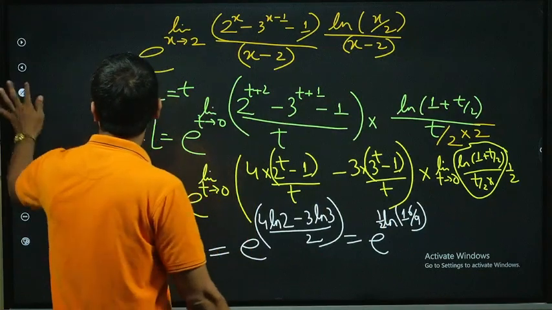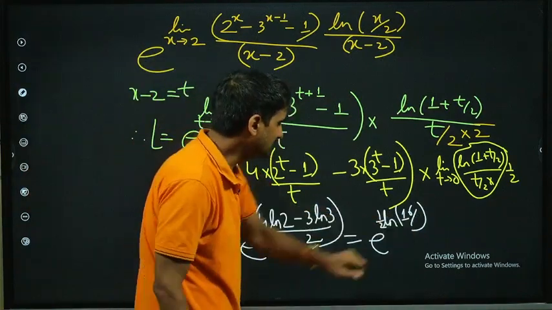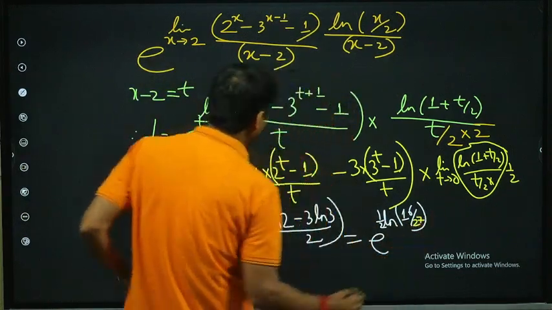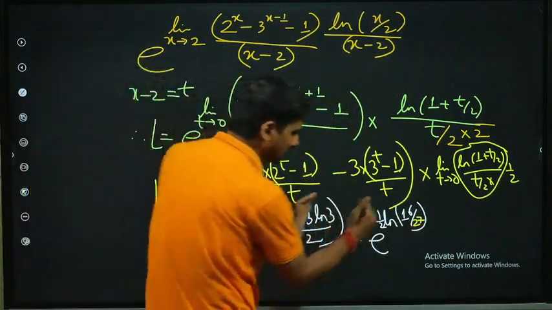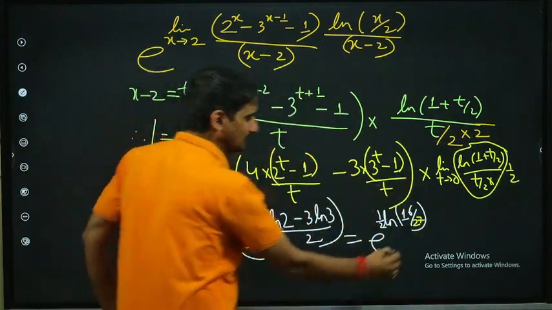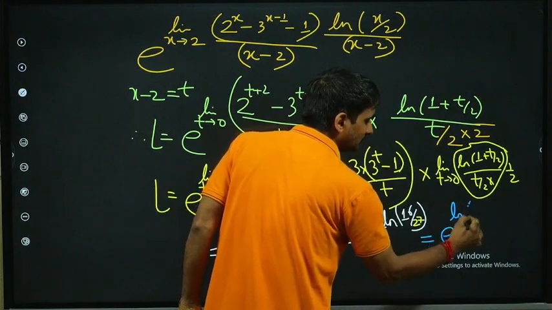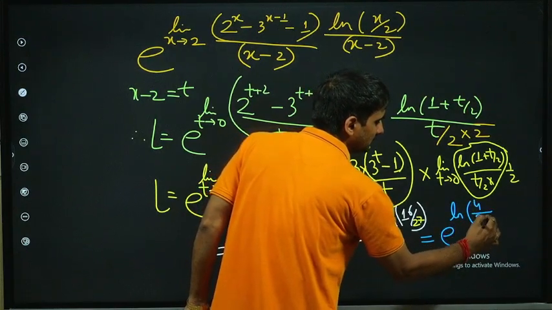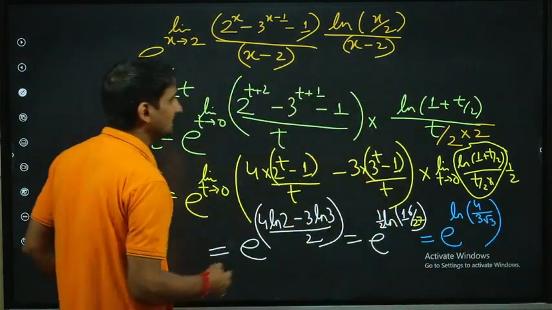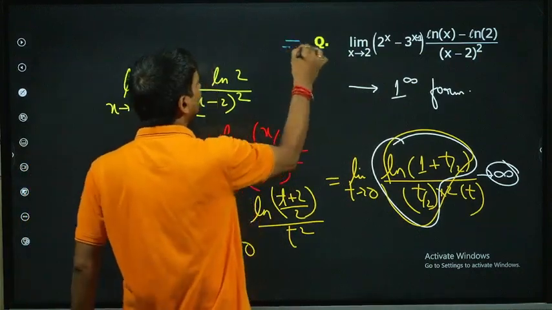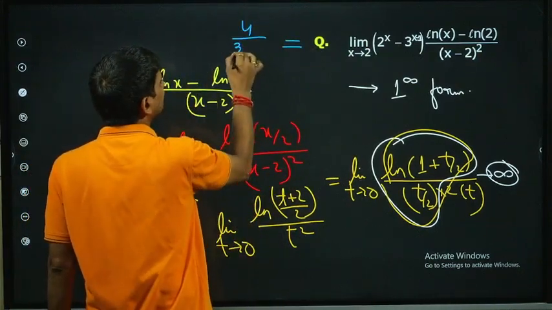It's not 9, it's 27, just a minute, it's 27 here. Now I will take the 2 inside the ln. So we have e raised to the power ln of the root of this, so it's 4 over 3 root 3. So the final answer, according to me, is 4 over 3 root 3.